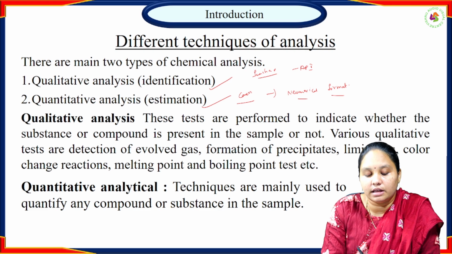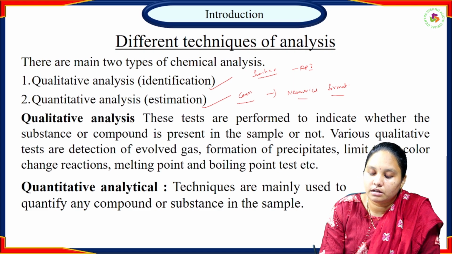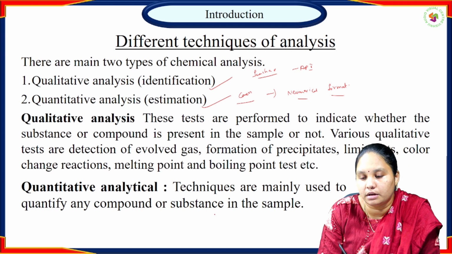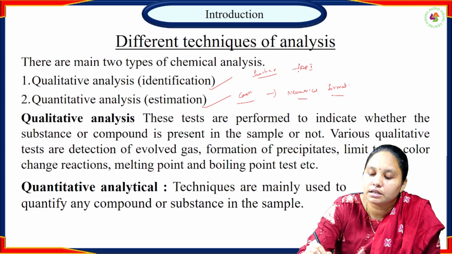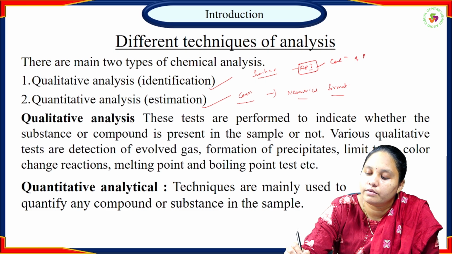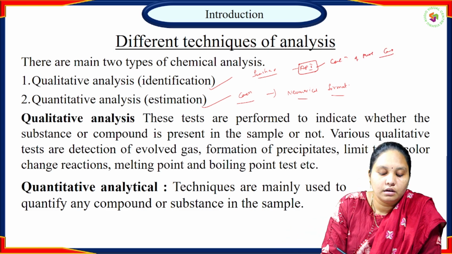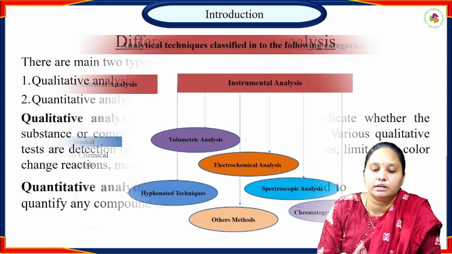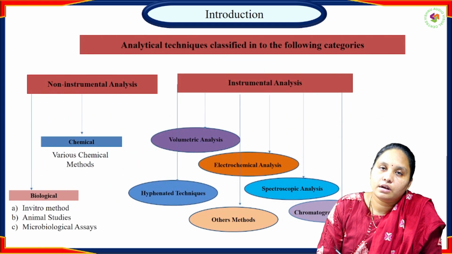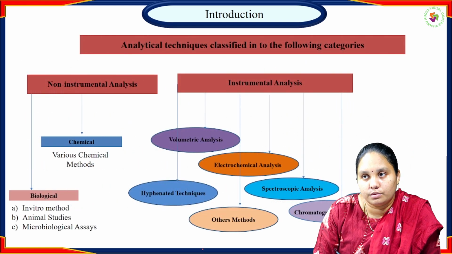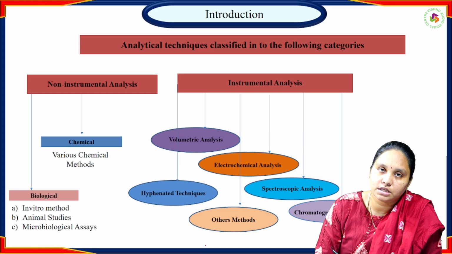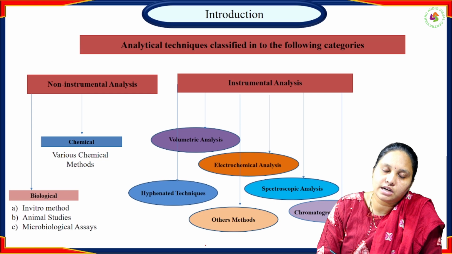In quantitative analysis, techniques are mainly used to quantify the compound or substance in a sample. In a particular API, how much concentration of pure compound there is, we can find out by a quantitative analytical method.